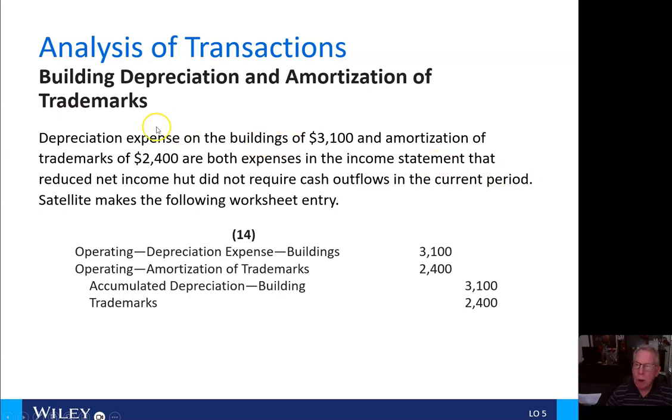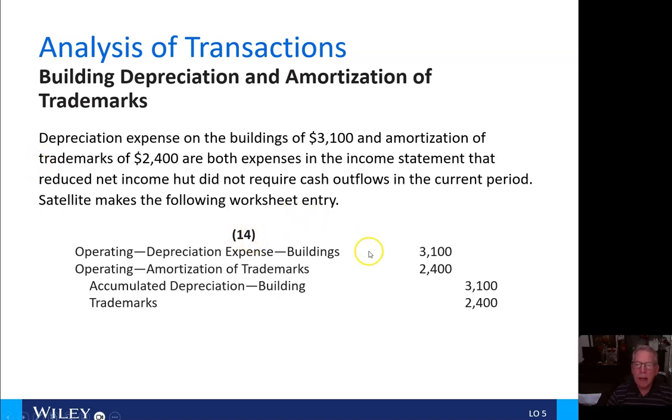Now, for trademarks, building depreciation and amortization of trademarks: depreciation expense on the building was $3,100, and amortization of trademarks was $2,400, and they're both expenses on the income statement that reduced net income but did not require cash outflows in the current period.